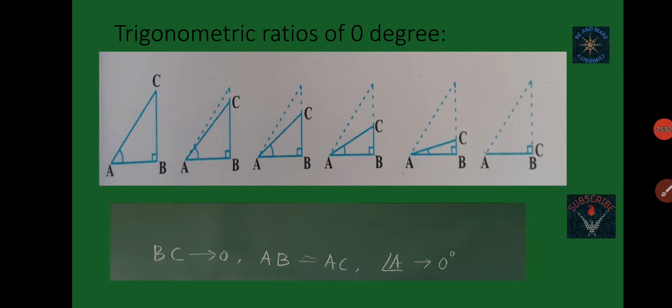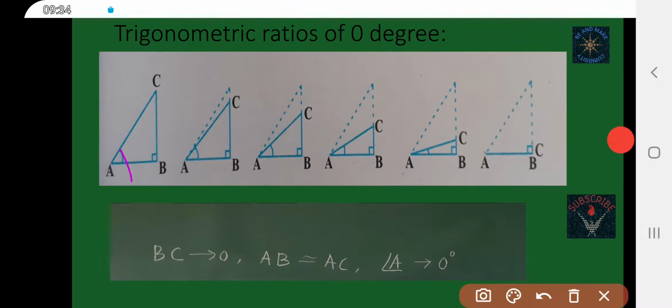Trigonometric ratios of 0 degree. So in right angle triangle ABC, if the angle A is made smaller and smaller till it becomes 0. Here you see this angle A is made smaller and smaller till angle A is equal to 0.